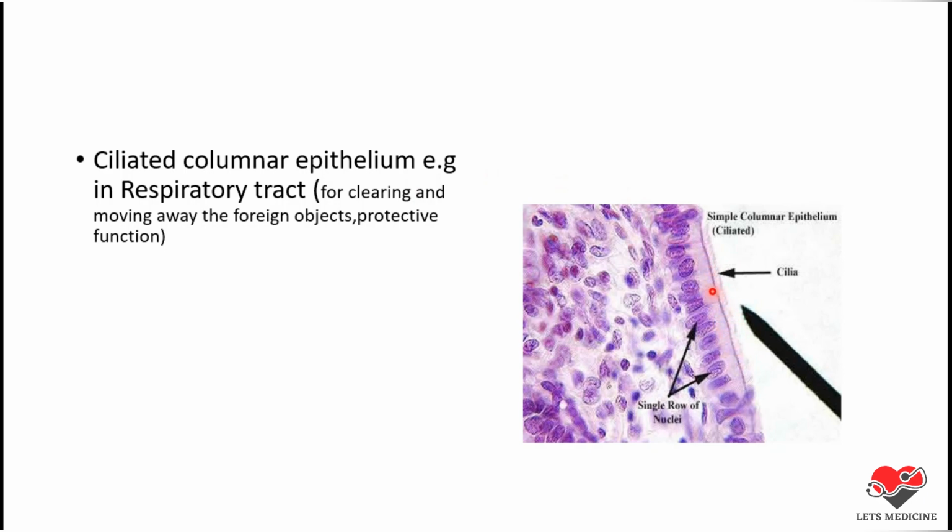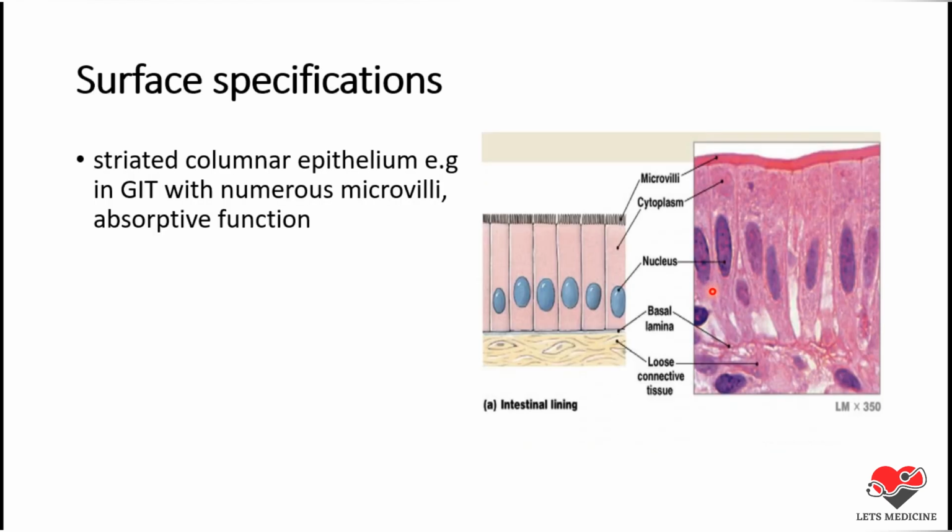Here in this image you can see the cilia present on the surface of simple columnar epithelium. So one point is how you can differentiate between the cilia and the microvilli. Okay, so an important thing is whenever you are observing a slide under a light microscope, you cannot appreciate the microvilli. So microvilli are ultrastructural, ultramicroscopic structures, and these cannot be visualized in the light microscope.